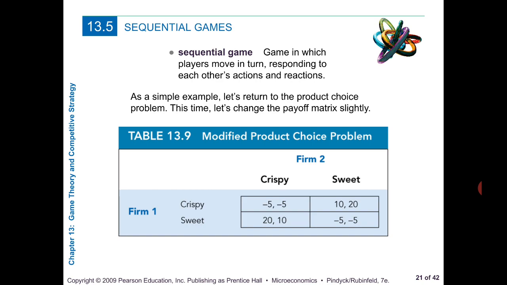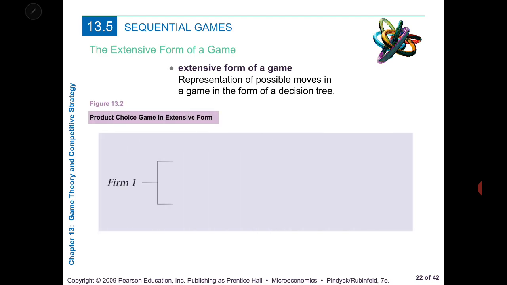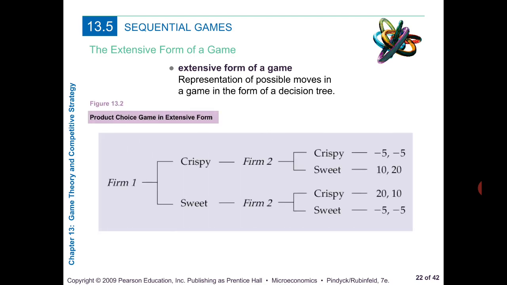If you remember from chapter 12, this is an example of the Stackelberg model. Now, because it's a sequential game, you can't use a payoff matrix. It's best to use a decision tree diagram to show what you can do.